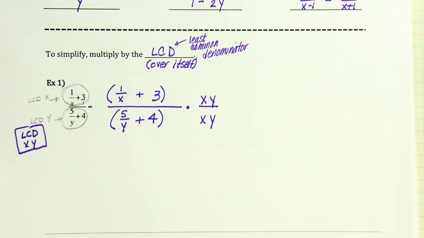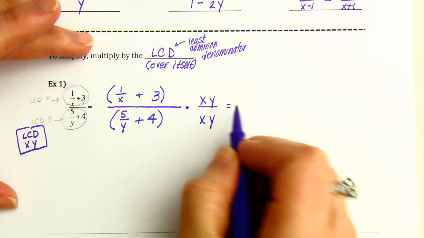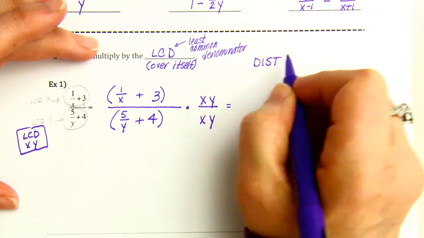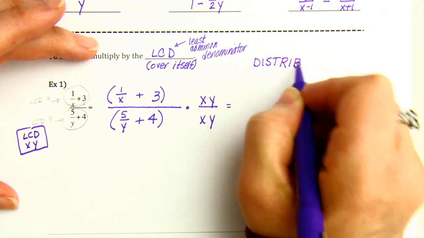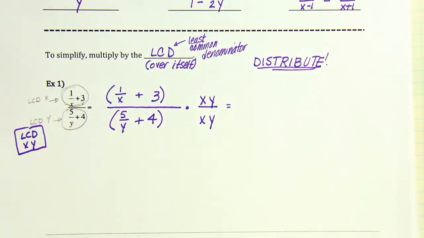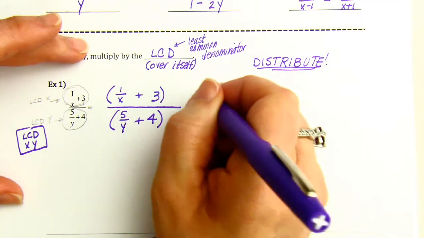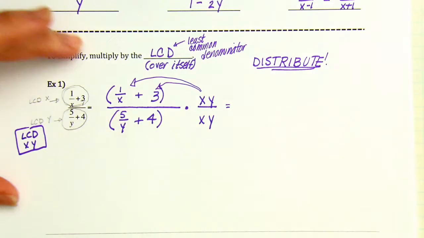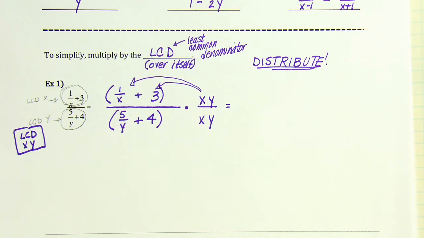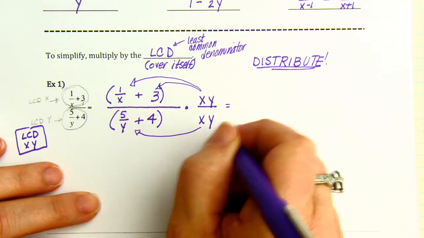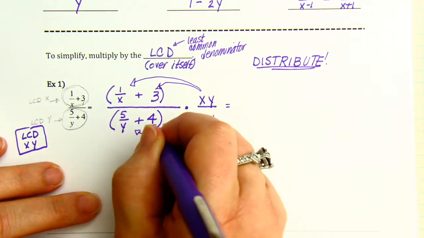Now you need to distribute. I'm going to take this xy, multiply it with this fraction and this integer, which technically could be written as a fraction as 3 over 1. And then I'm going to take the LCD and multiply it with that fraction and this integer.